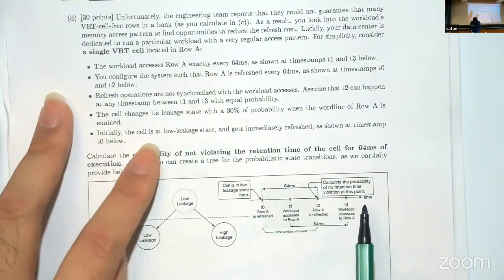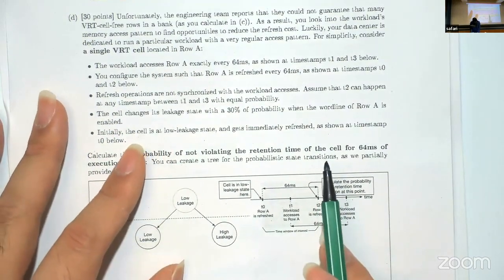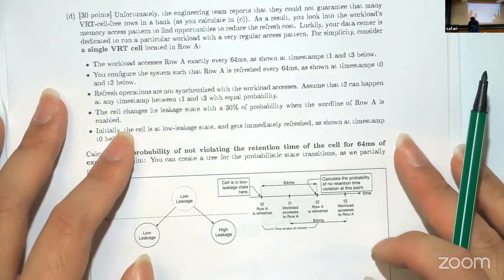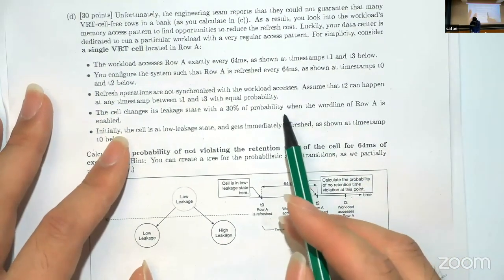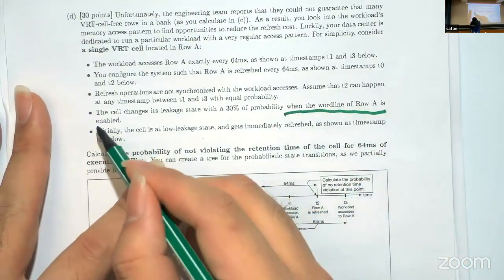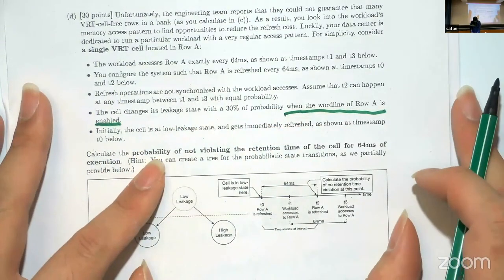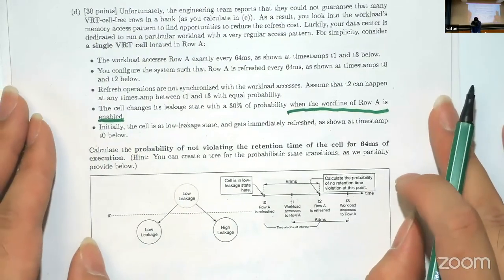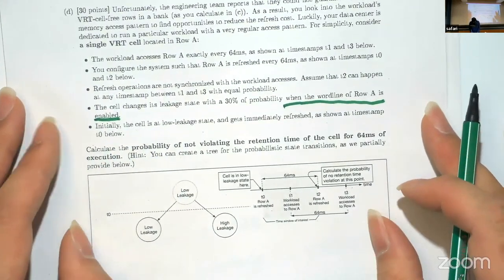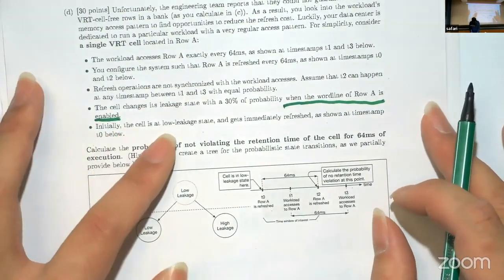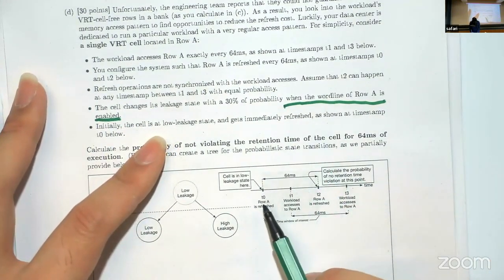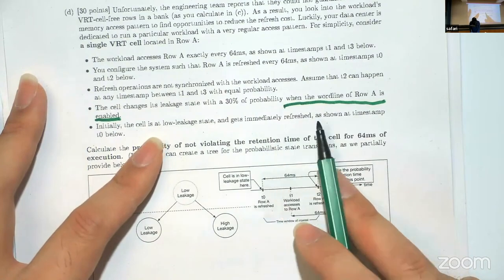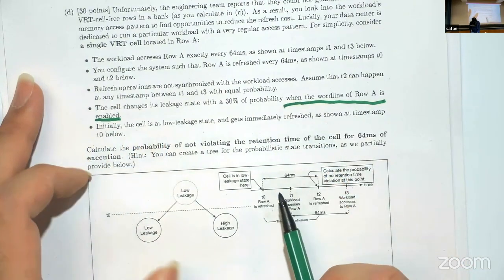And the cell will change its leakage state with a 30% probability when the word line of row A is enabled. This is important because as long as the word line of row A is enabled, both activation and refresh can change the leakage state. Initially the cell is in a low leakage state and it will get refreshed immediately at timestamp T0.